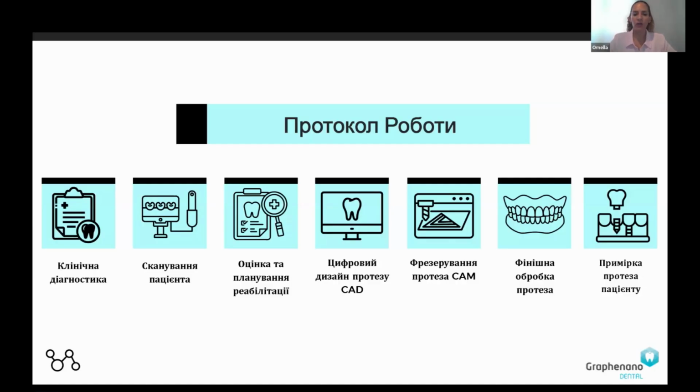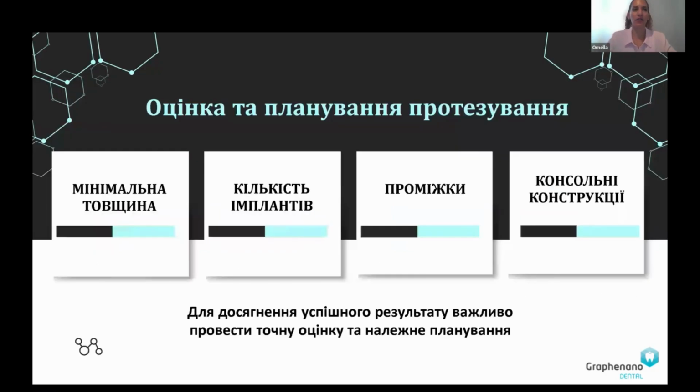I'm going to talk about the CAD, which are the best parameters for design with graphene. Also, I'm going to explain how you are going to mill the graphene, the type of finishing that we can provide, the aesthetics, and also the cementation or placement of the prosthetic.